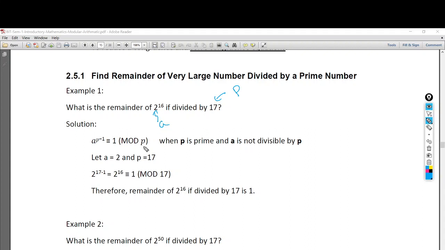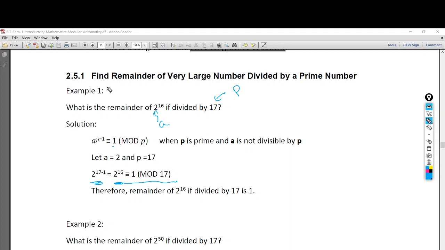So we can write a to the power 17 minus 1, because p is 17. Since 17 minus 1 is 16, that means 2 to the power 16 equals 1 mod 17. That is something we deduce from Fermat's little theorem.